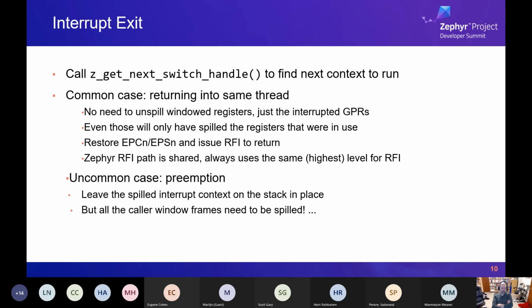Because we don't actually use those exception save registers, we have no real need to return through the matching level. Like if we take a priority 4 interrupt, we have no particular reason to use EPC4 and EPS4 for the RFI. The hardware doesn't care. We don't care. So we actually always use a single return path that just saves a couple bytes of code, which always uses the highest level.